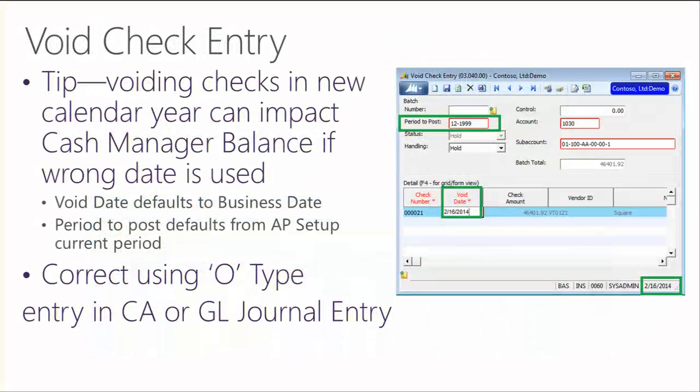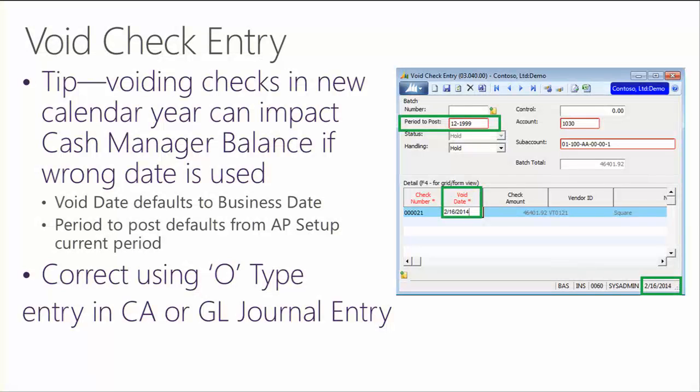Just a side note, I had so many calls this year on this, so I just want to bring awareness to it. It's just in January, but a lot of people have a check that they void in January, because that's when we're clearing out our outstanding checks a lot, at the end of the year. When you void them, make sure you change that date to be last year, especially if you're using Cash Manager.